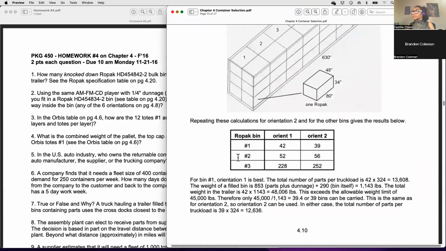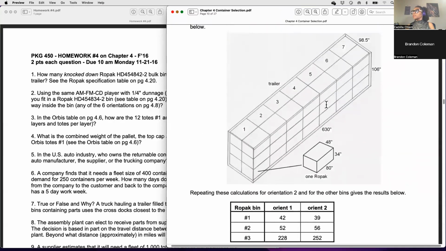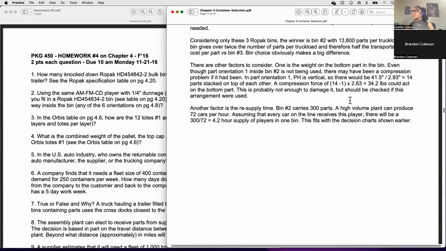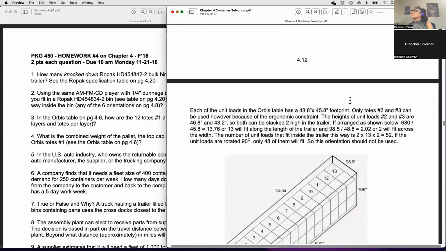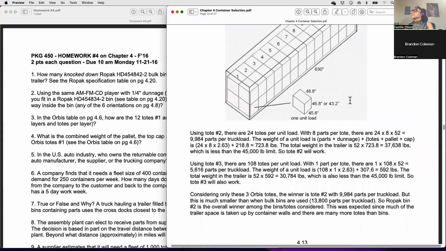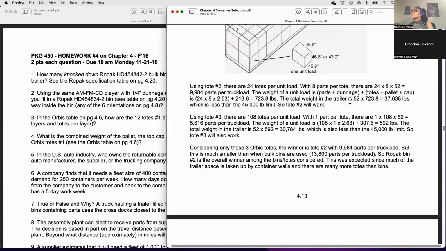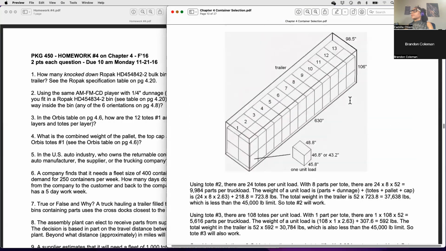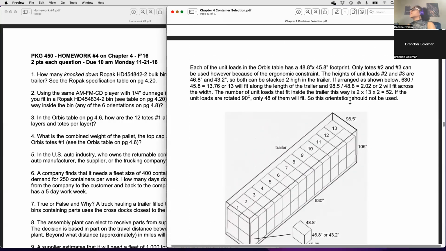For this one it's 106, so let's say the 106. I want to make sure I'm clearly spelling this out so you all can see it.